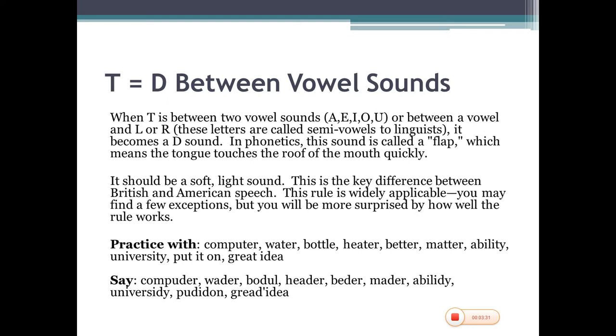When T is between 2 vowel sounds, A, E, I, O, U, or between a vowel and L or R, these letters are called semi-vowels in linguistics, it becomes a D sound. In phonetics, this sound is called a flap, which means the tongue touches the roof of the mouth quickly. It should be a soft, light sound. It means that it is not a hard D sound.